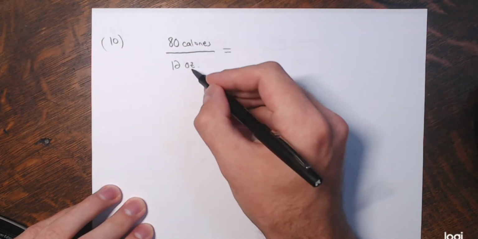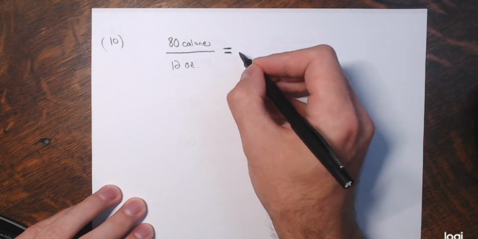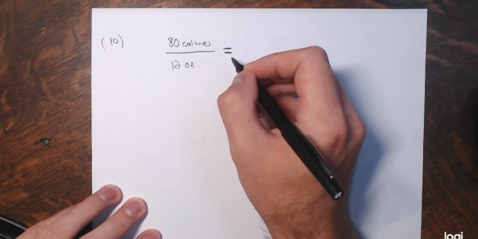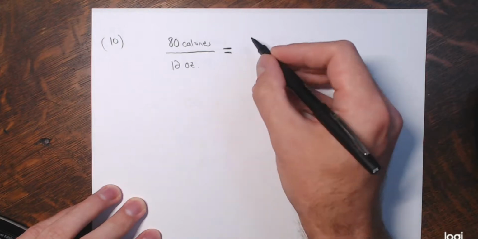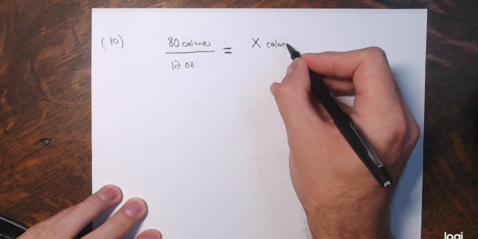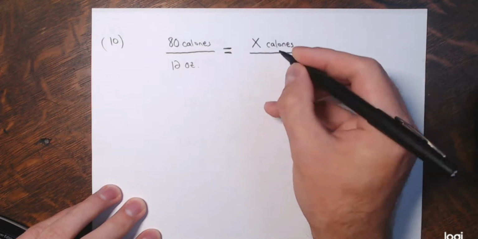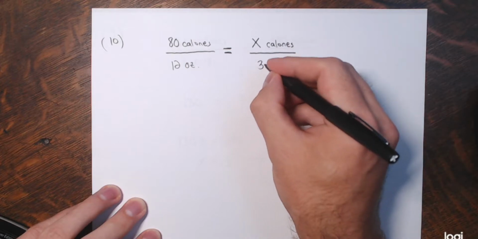Right, so 80 calories per 12 ounces. And this ratio should be equal to the ratio of the drink that Sonia drinks. So the question is how many calories, right? We don't know the number of calories. So again, I'm going to say X calories. There are X calories in the 32 ounces that she drank.